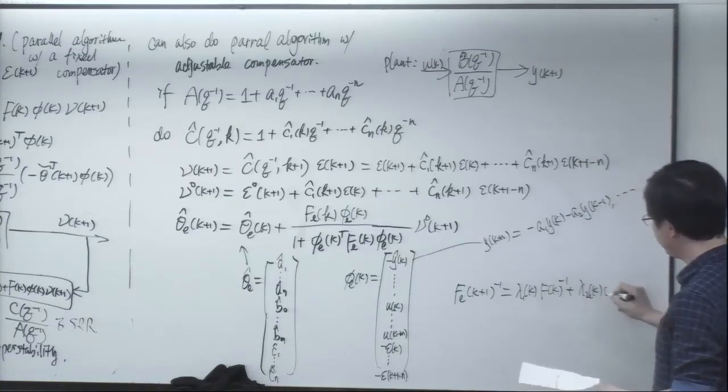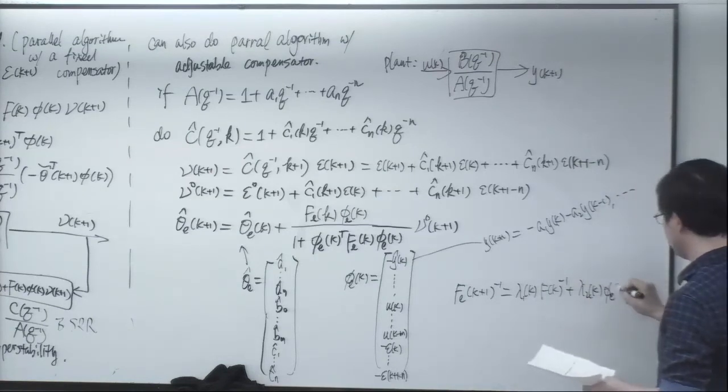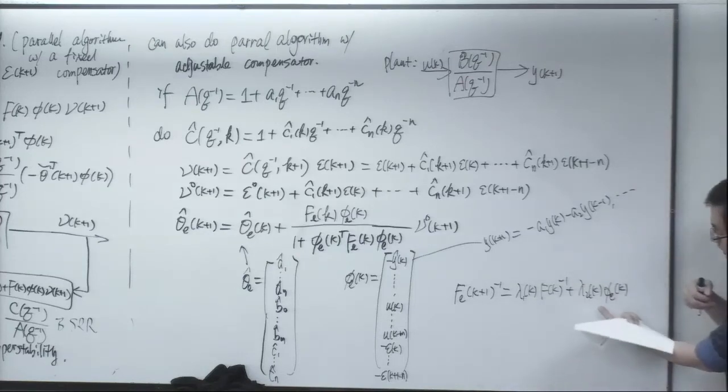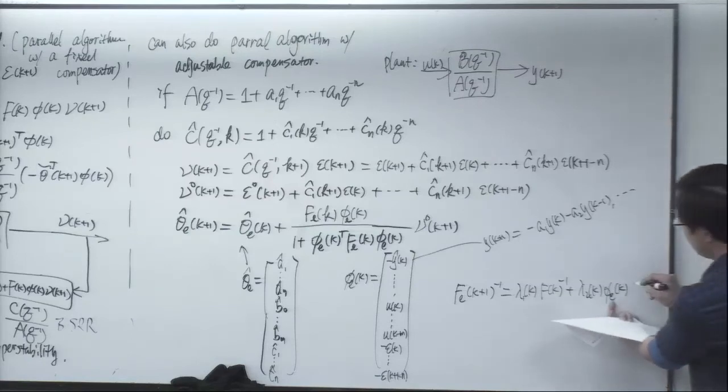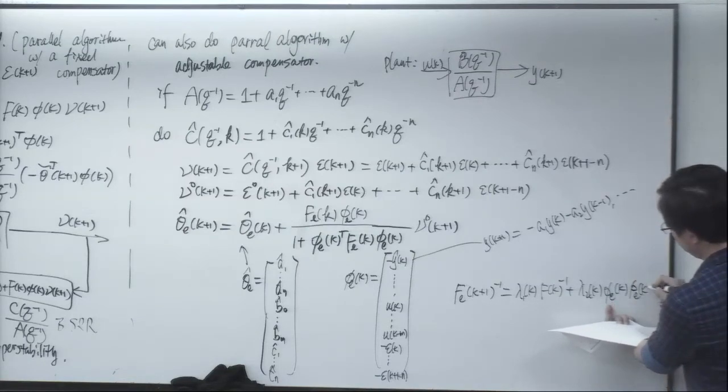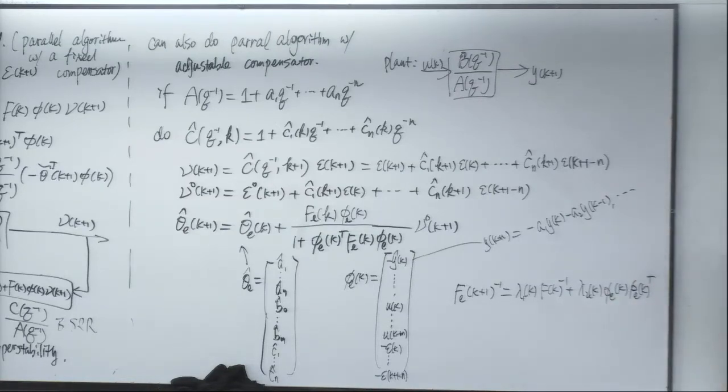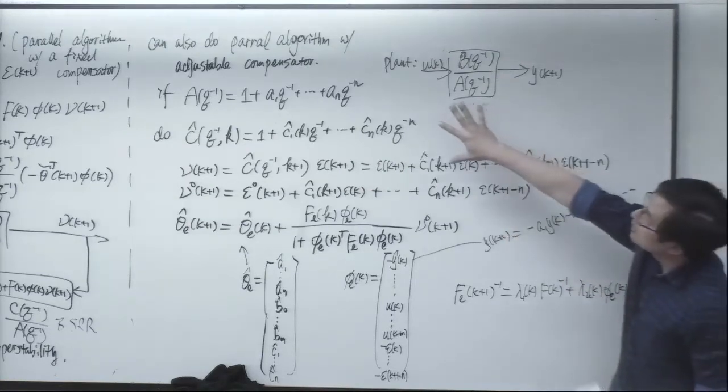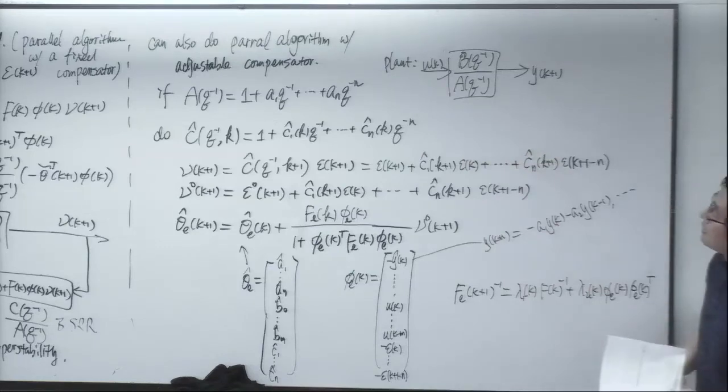If I have a forgetting factor, it should be like this. It should add, at every time instance, this new regressor vector times its transpose. So that is this filter, adjustable compensator version.